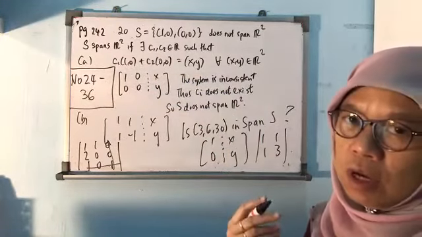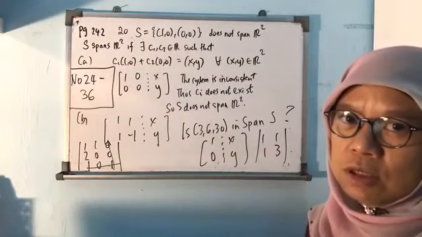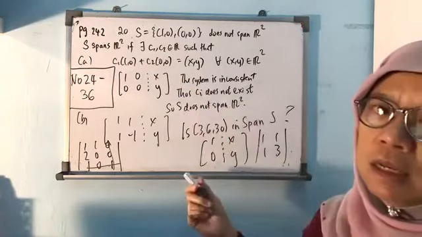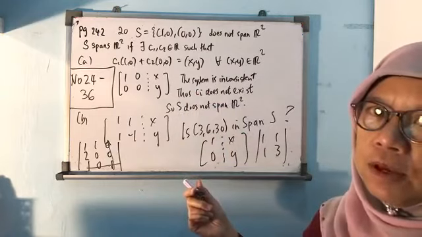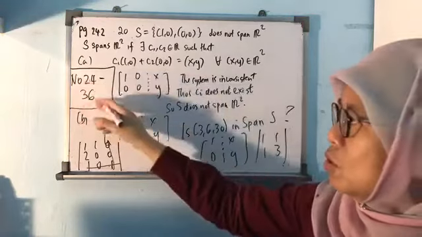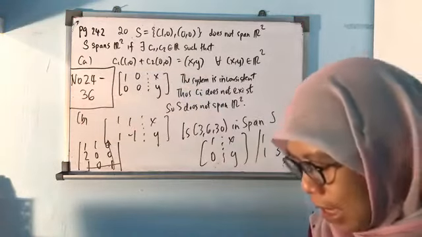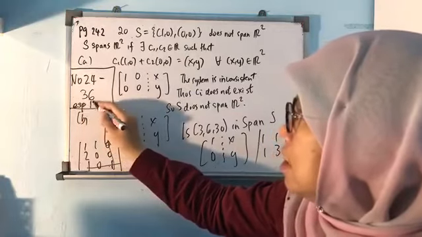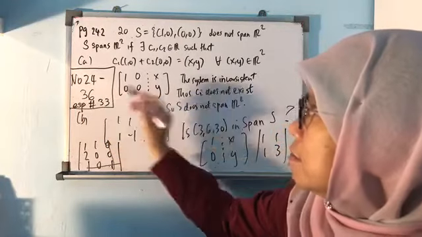Before I introduce the next section, which is basis, you have to understand spanning and linear independence, because basis is just a combination of these two. So try to do this, especially number 33.